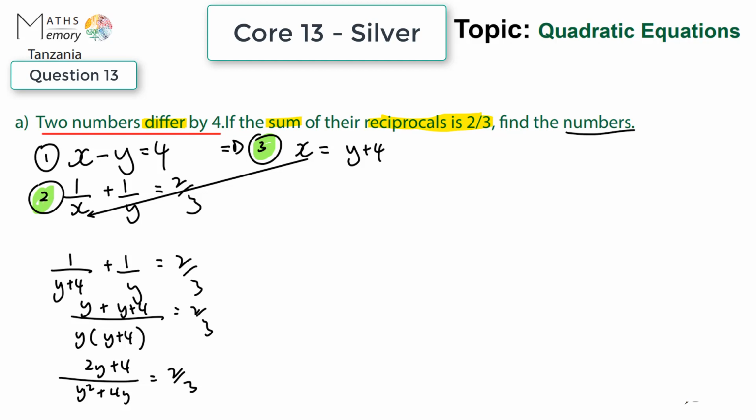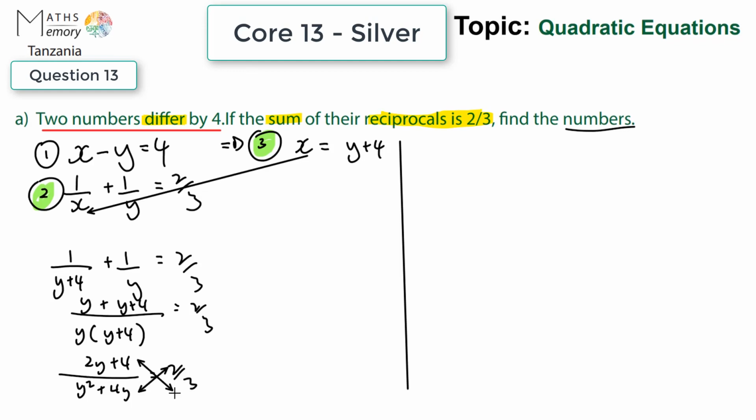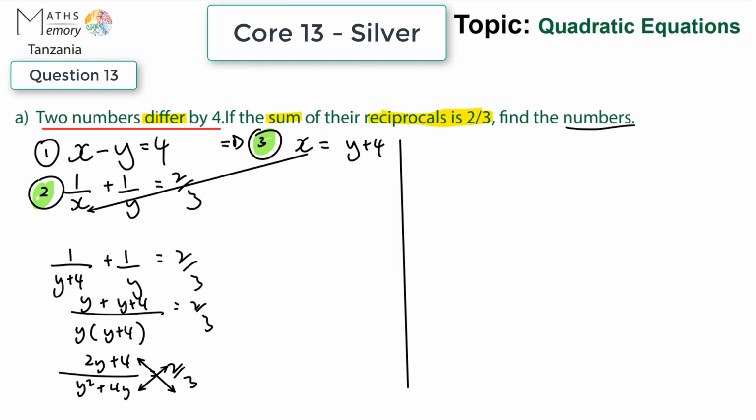It's just algebraic fractions basically, adding them up using algebraic fractions. Let's carry on. So now we can cross multiply. This times this can equal this times this. So we've got basically 2y plus 4 times 3 will equal 2y squared plus 4y.